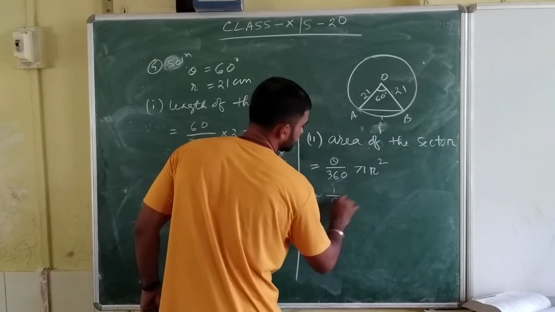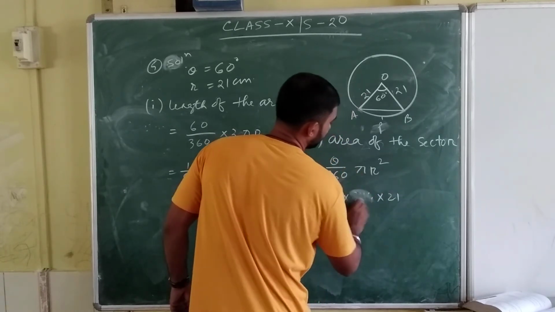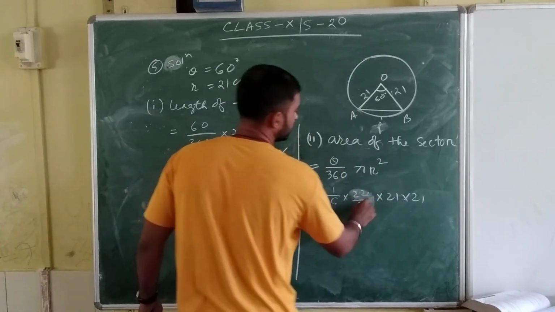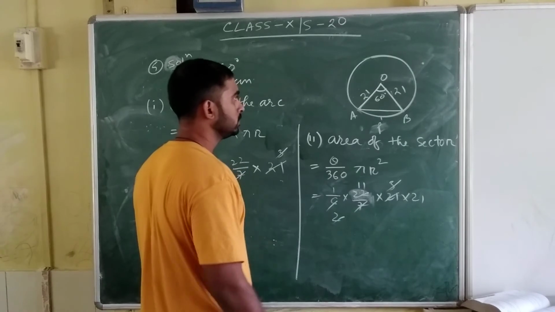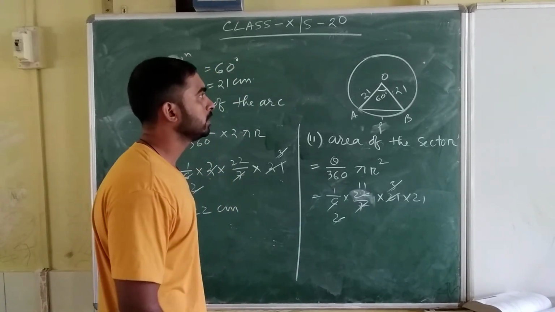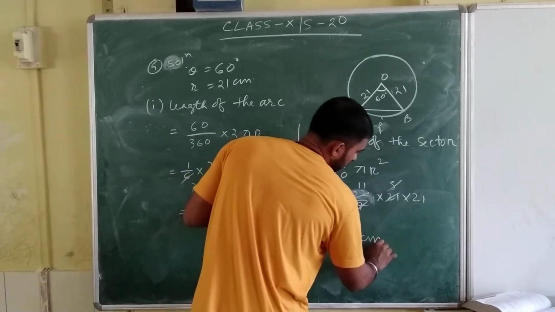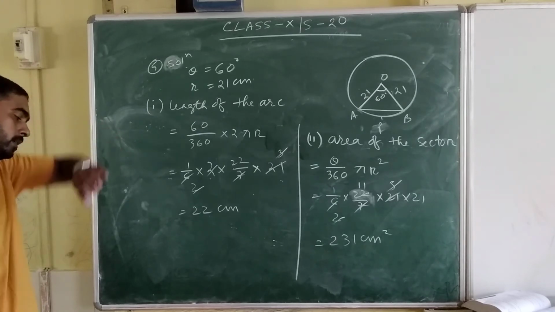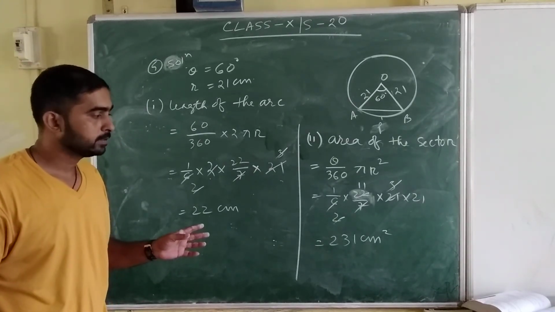This is 1 by 6 into 22 by 7 into 21 into 21. 7 3s are 21, 3 2s are 6, 11 times 21 is 210 plus 21. 231 square centimeter is the area of the sector.